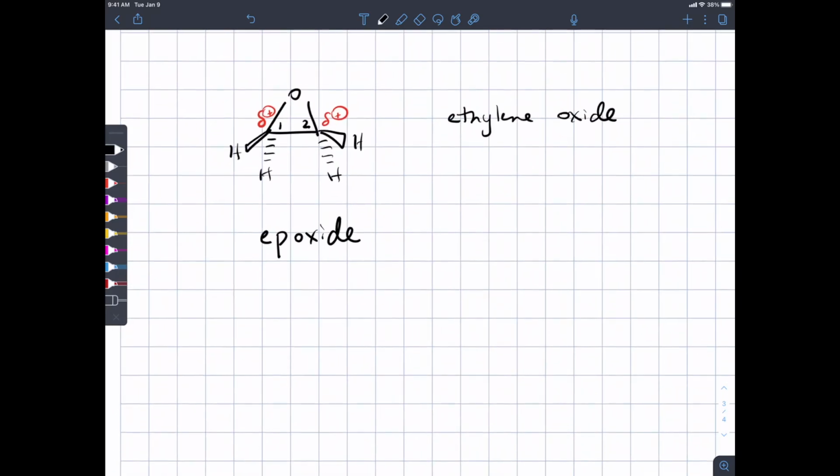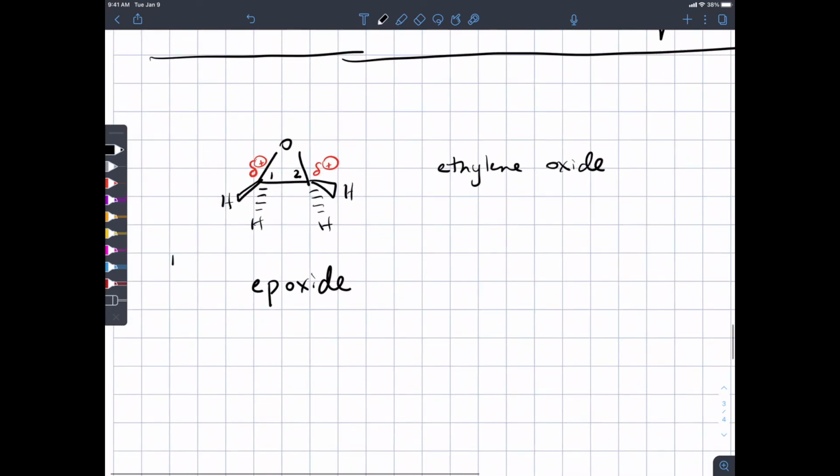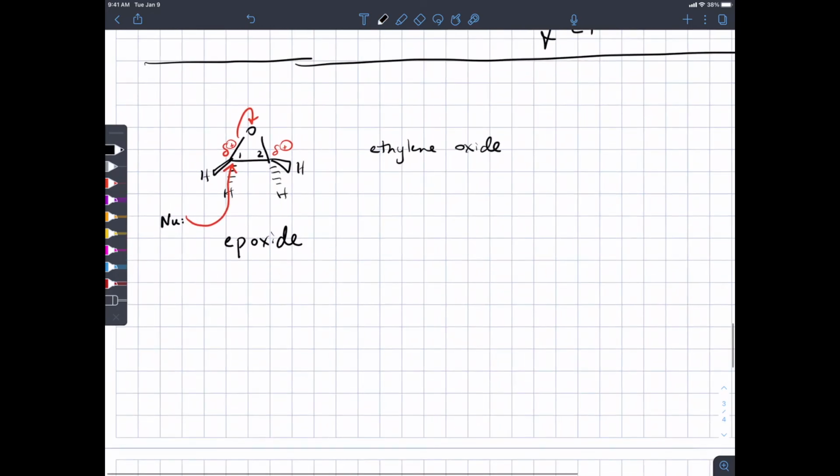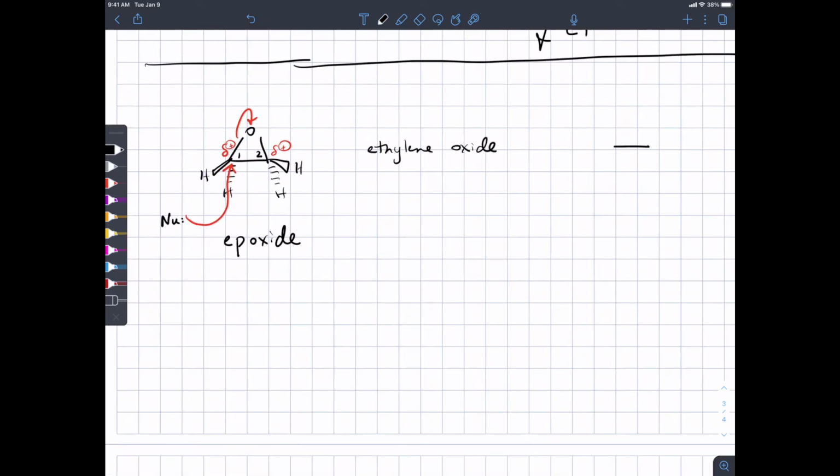Now, epoxides will undergo substitution chemistry with nucleophiles, and a nucleophile can attack the sigma star, and the leaving group can leave. Now, that should trouble you today because I told you that a negatively charged oxygen, especially a localized negative charge on an oxygen, is not a good leaving group.